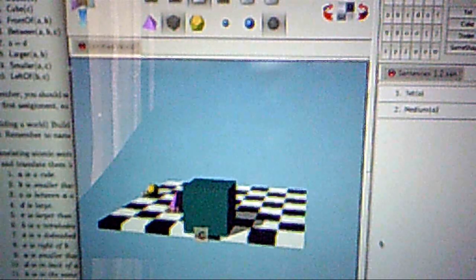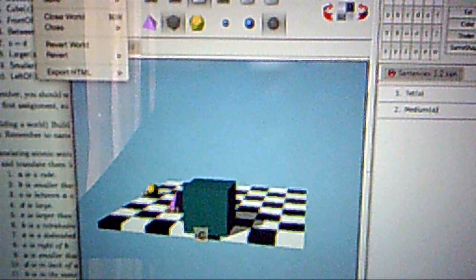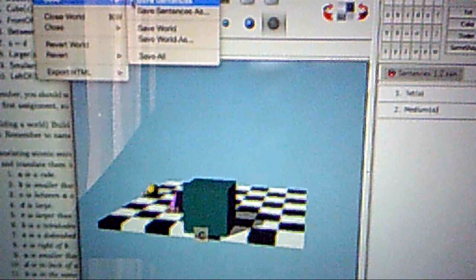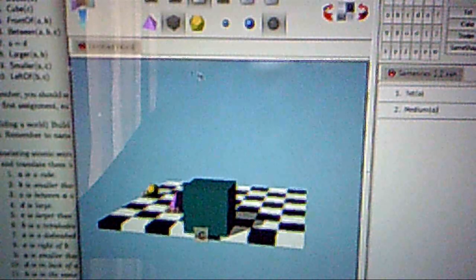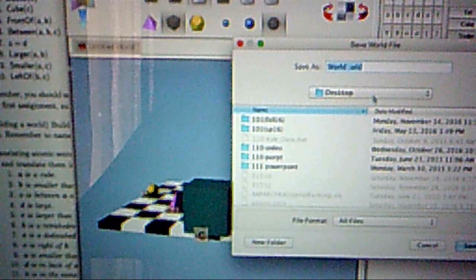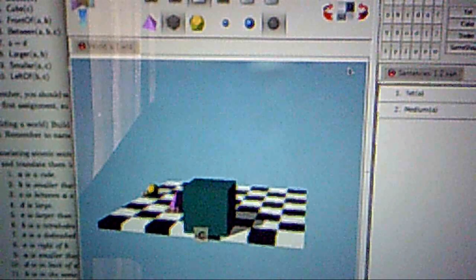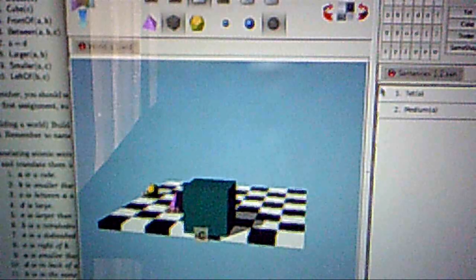Okay, once you do that, you go to Tarski, File, Save, and remember, you always choose Save As the relevant type. In this case, not save sentences, it's a world you just created, so save world as. Save it to your desktop, call it world 1.3, and you save it. Okay? So that's that. That's 1.3.